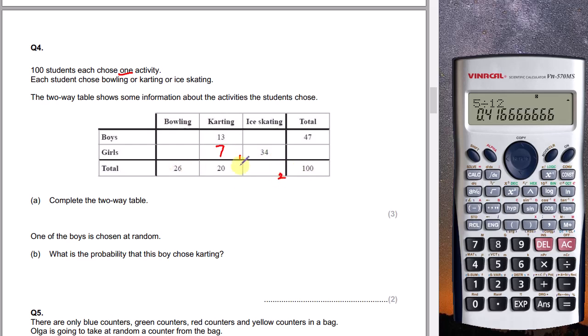So 26 and 46, the total is 100. So there must be 54 people who went ice skating in total. Working back up, that says to me that there must have been 20 boys who went ice skating. We could have done this one at any time. There are 47 boys, that means there must be 53 girls to make a total of 100.